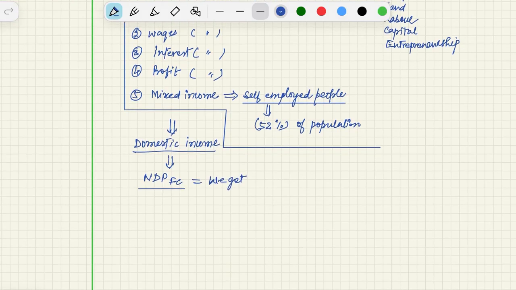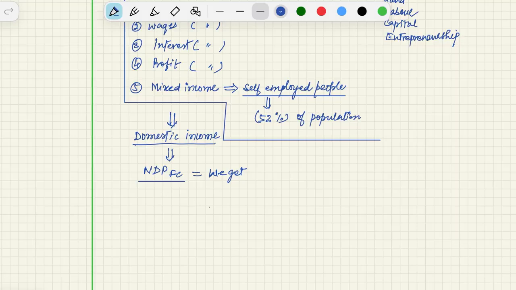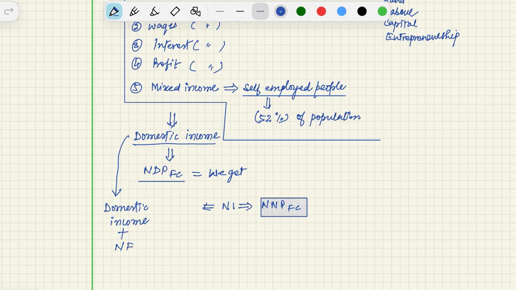I already told you that national income is NNP at factor cost. So to calculate national income, we have to add domestic income, what we have got here, plus net factor income abroad. Only then we get the value of national income.